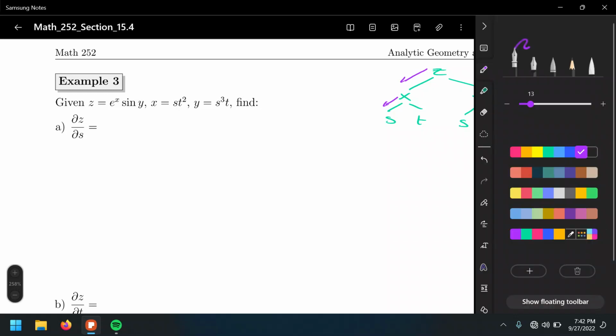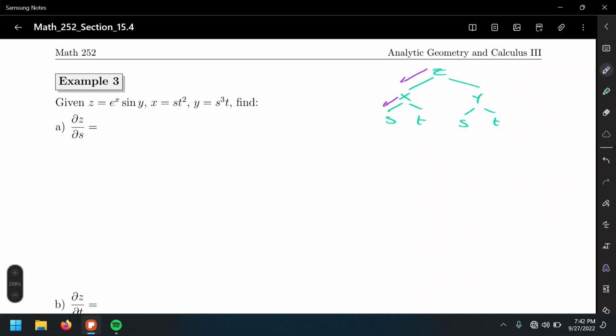In other words, we want to evaluate partial z with respect to x and then the partial of x with respect to s. I'm going to compare this with the previous example just so you can see how the notation works.